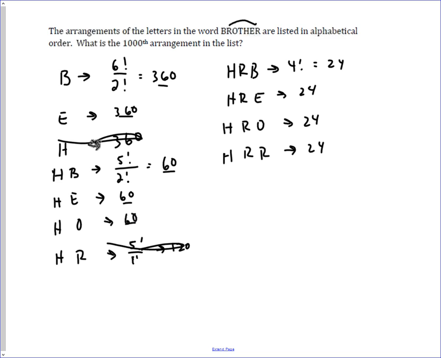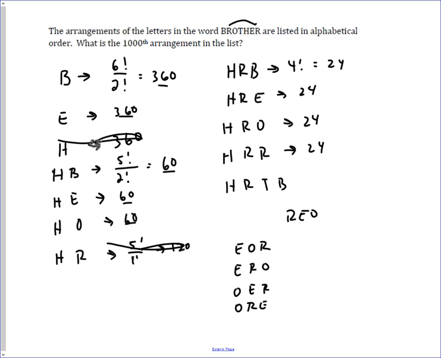So we know it's going to be HRT. The 4 letters that are left, we want B first, because there are 3 letters after that, which are arranged 6 ways, and we only need the 4th one. They are an R, an E, and an O. Let's write those out. EOR is the first one in order, ERO, flip the O to first, OER, ORE is the 4th one.